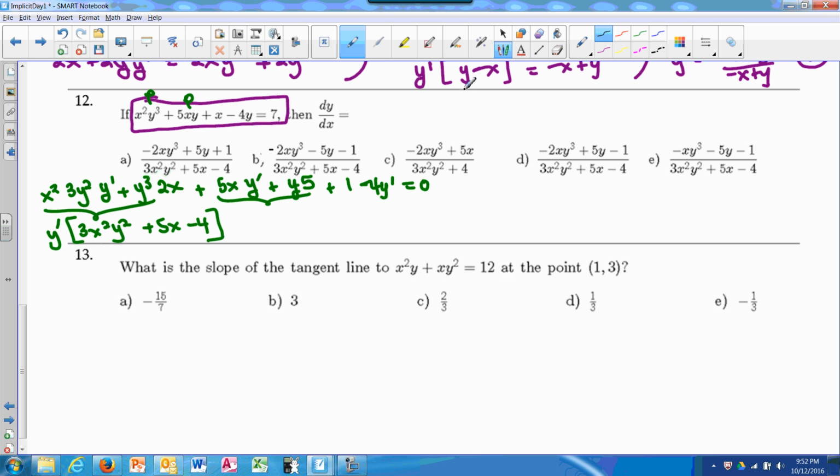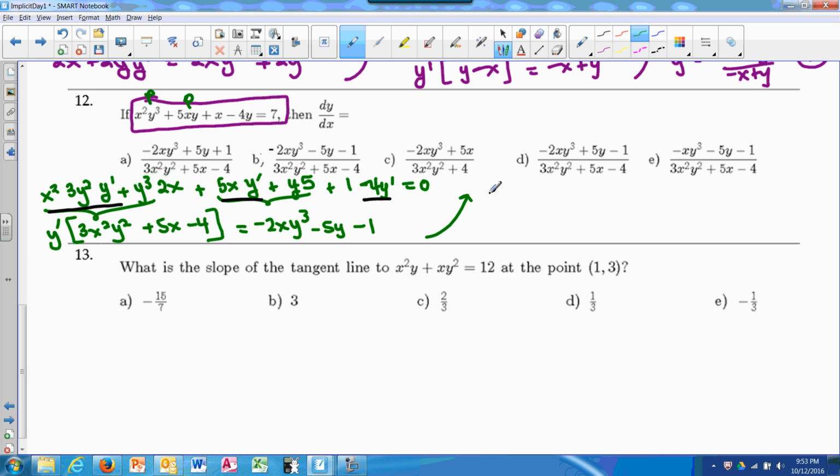So I've basically collected together all of my y prime terms. So 3x squared y squared, 5x, and negative 4 are all multiplied by y prime. So that's going to equal the non-y prime terms. So I'm going to move them over across the 0. So then I'm going to have a negative 2x y cubed, a negative 5y, and a negative 1.